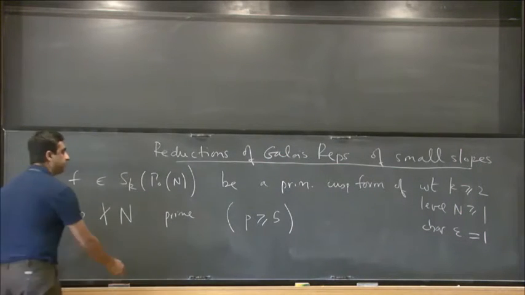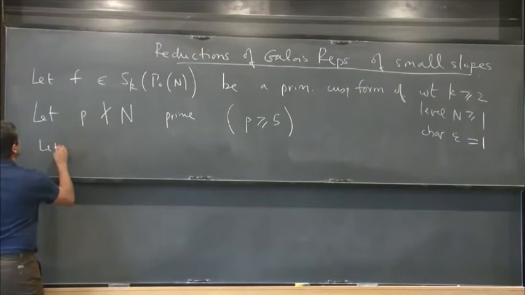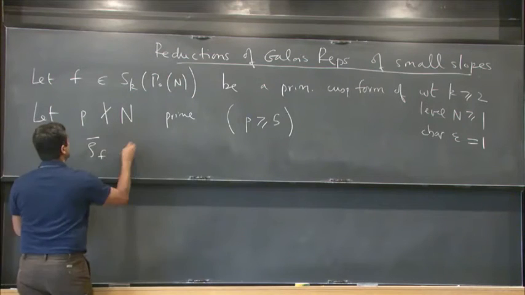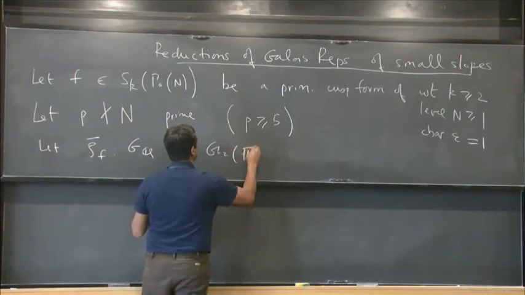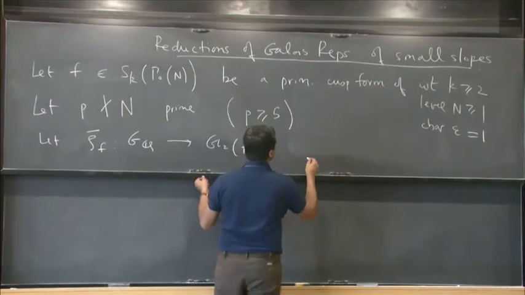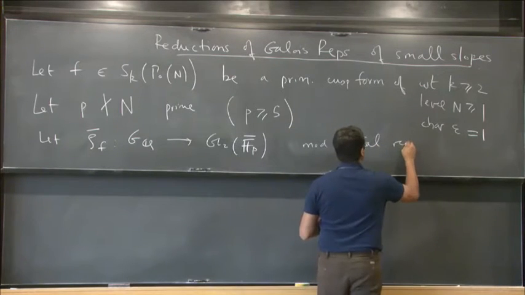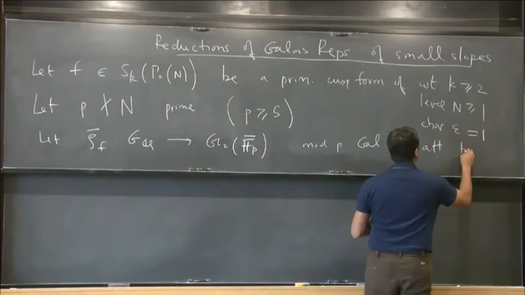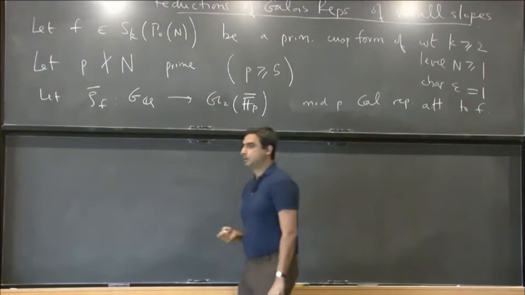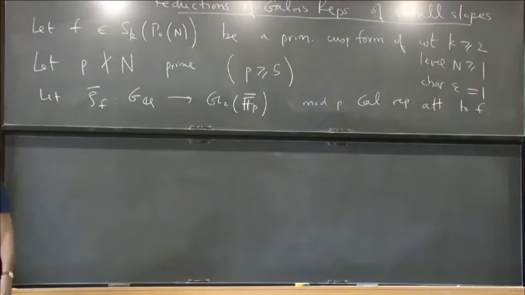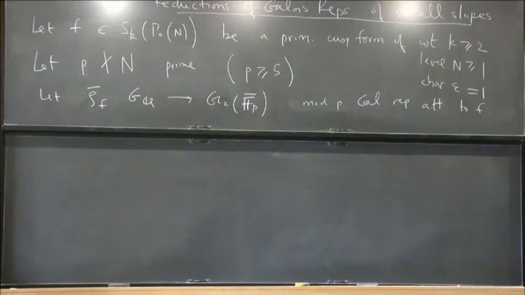Okay, and so then we have this mod p Galois representation attached to f and the prime p. And I want to study this representation on the decomposition group at p, so the p-adic representation.